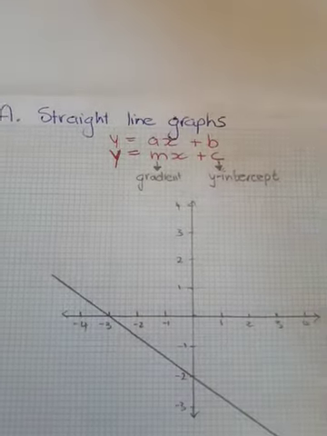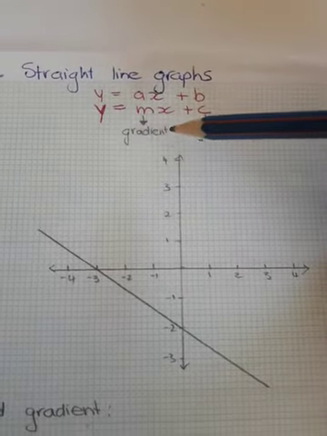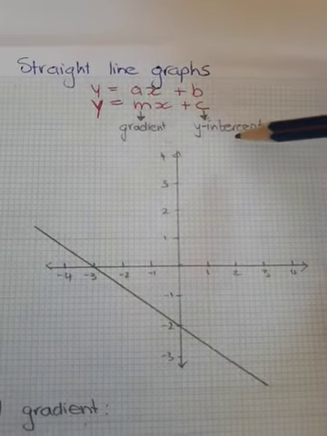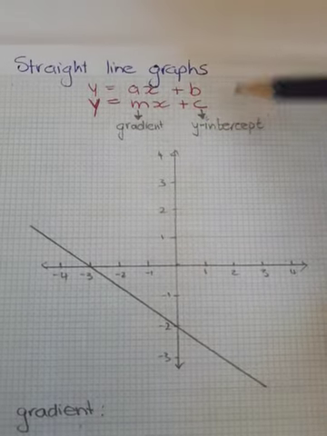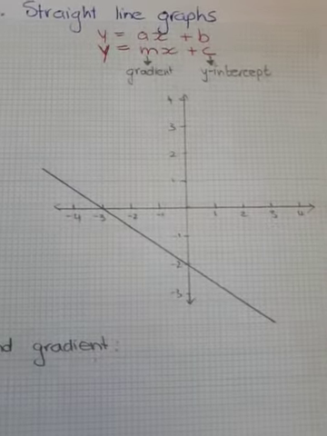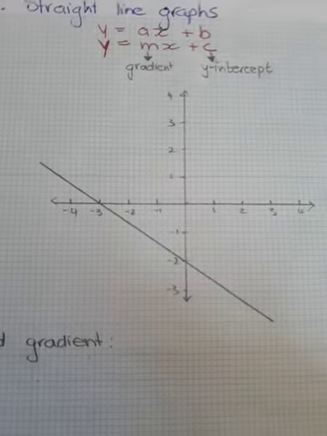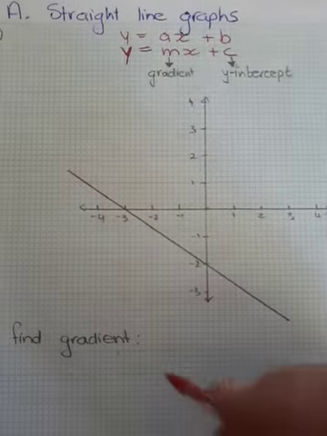Now they are giving you the straight line graph, and they are asking you to find the gradient as well as the y-intercept, and from that you can find the equation. So when you look at how steep the line is, we are talking about the gradient.